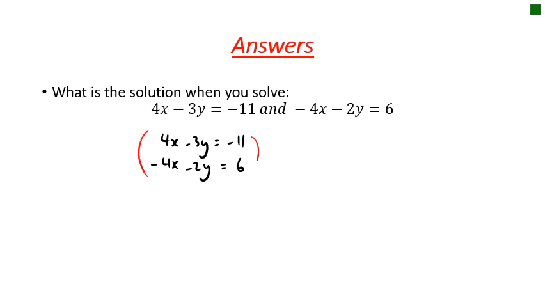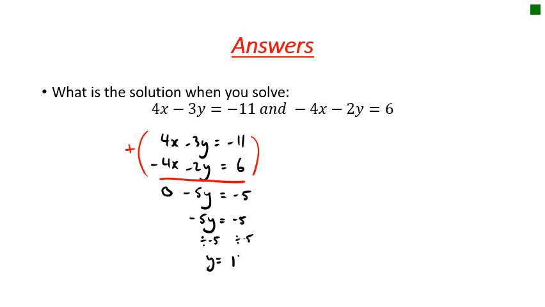I'm going to add these equations because when I do, 4x add minus 4x gives me 0. 3y add minus 2y is actually 3y take 2y, which gives me minus 5y. And minus 11 add 6 gives me minus 5. So therefore, minus 5y equals minus 5. Divide by minus 5 on both sides. y is going to equal 1.